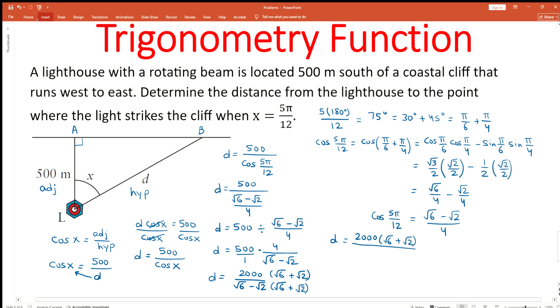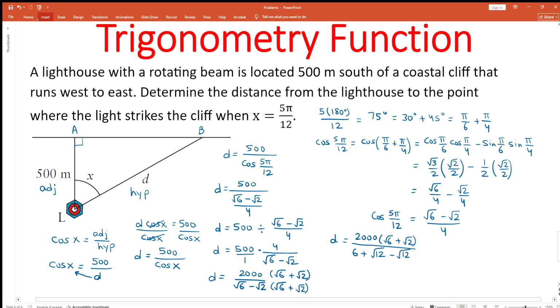In the denominator, we should distribute the terms using the FOIL method to get rid of the square root. So we start with square root 6 times square root 6, which is equal to 6. Then we do square root 6 times square root 2, which is plus square root 12. Then we do negative square root 2 times square root 6, which is equal to negative square root 12.